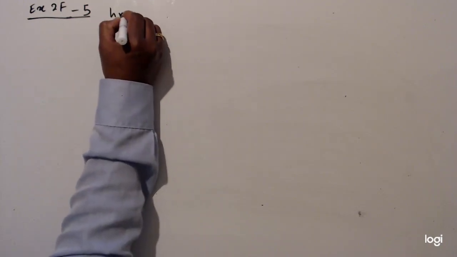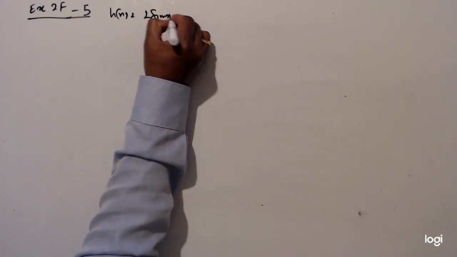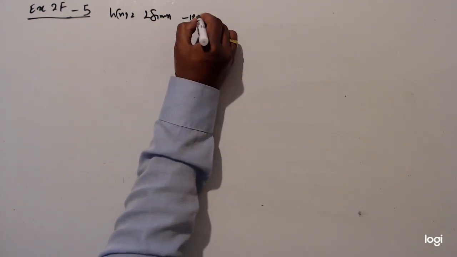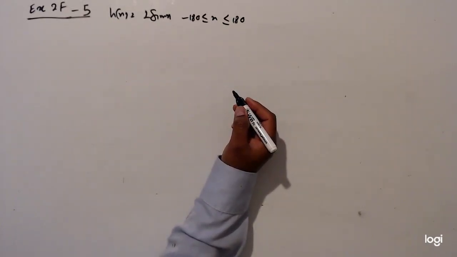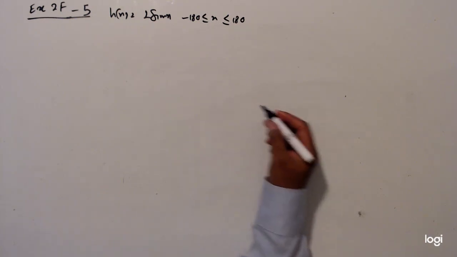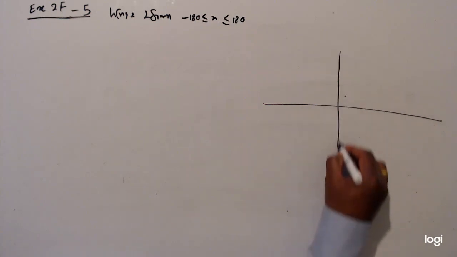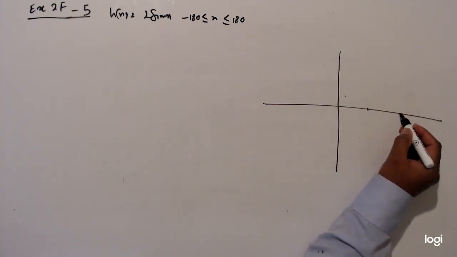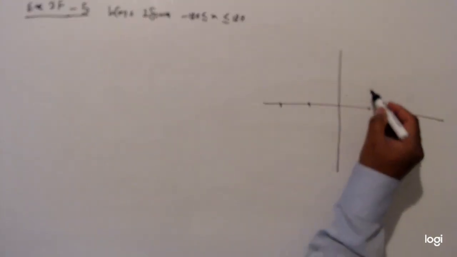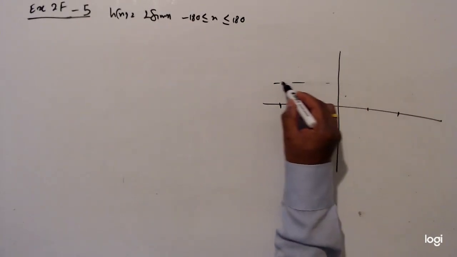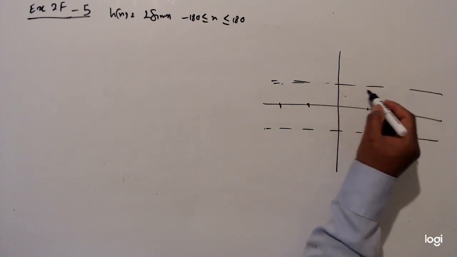Question number 5, h(x) equal 2 sin x graph. The domain is given, minus 180 to 180 degrees as well. Sketch the graph. So y equal sin x we know. So this is 90, 180, minus 90, minus 180, and the sine graph is going like this.